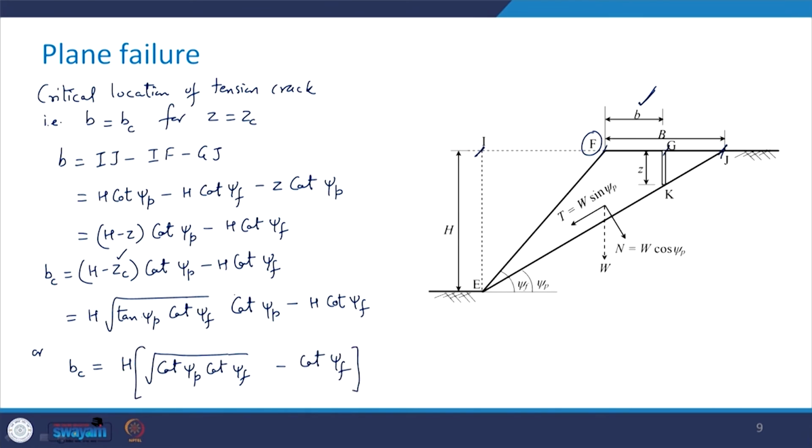See, this cot goes inside this bracket, so it will get cancelled out with this tan psi p and you will be left with only one cot term here. So, this is how you can find out the critical location of the tension crack. Now, this was all about when we have the tension crack here in this portion, that is the upper portion of the slope.